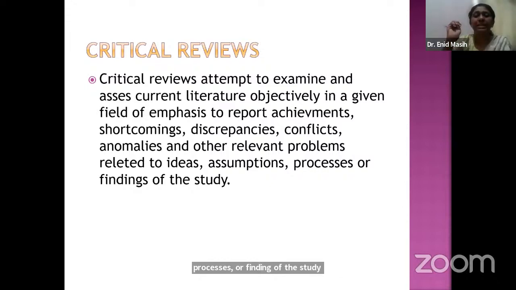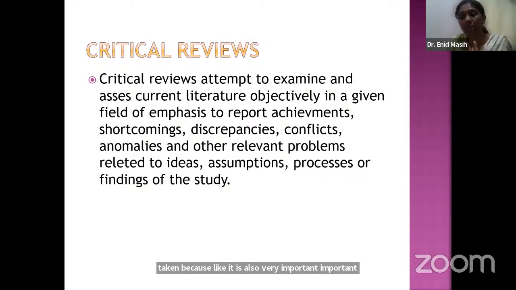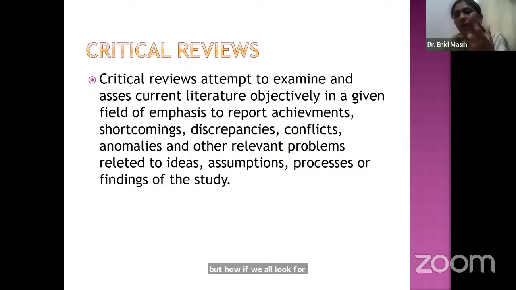If we look at the literature available to us, it is important that we focus on it objectively and see what the different achievements, shortcomings, and discrepancies are, because it is also very important to address the problem. Everybody wants a solution, but if we all only look for the solution, then how will the problems be solved?